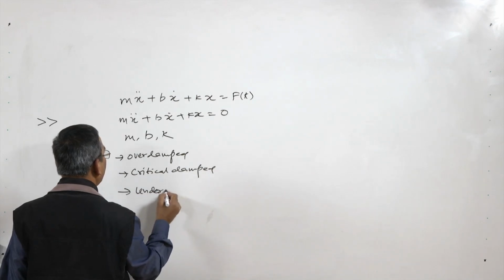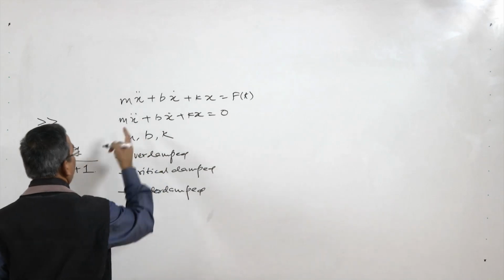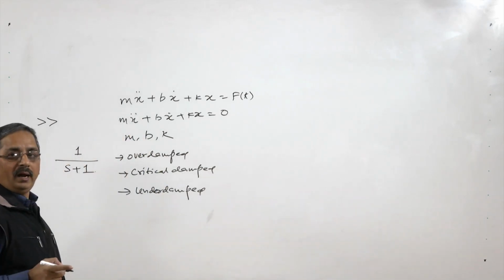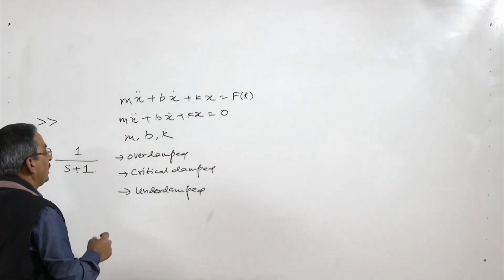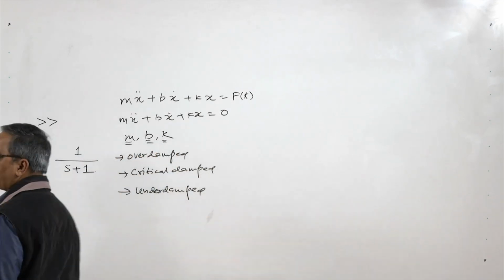So, create the Simulink diagram and simulate for all these 3 cases by choosing the appropriate values of m, b and k.